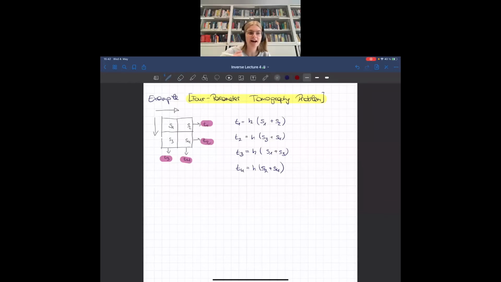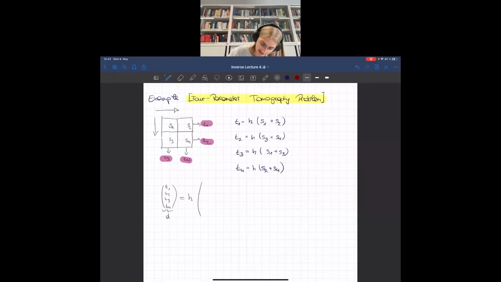Written here, we have an inverse problem. So we have a left-hand side, and it consists of t1, t2, t3, and t4. We just call this parameter vector d. And on the right-hand side, we have this funny scaling factor h. And then we need to plug in all the values we multiplied the s onto.